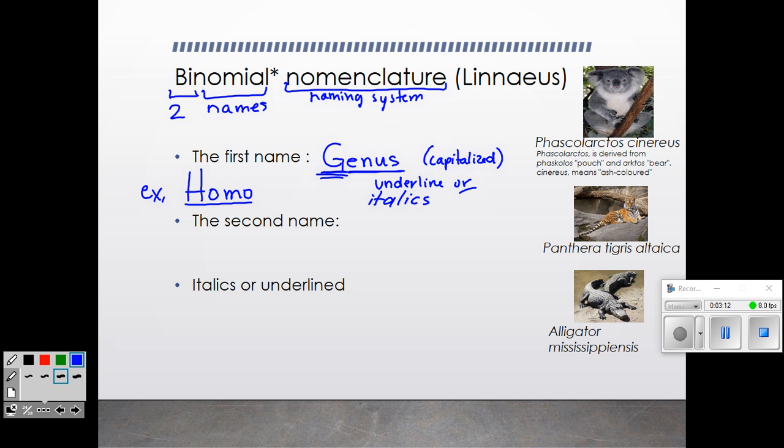The second name in the system with two names would be the organism's species name. Notice this is a lowercase. And again, we would either underline or use italics.